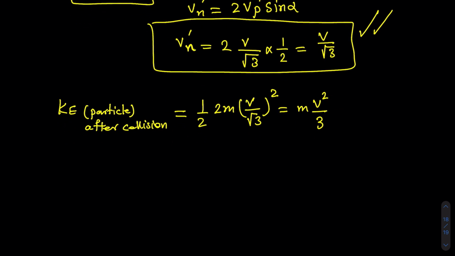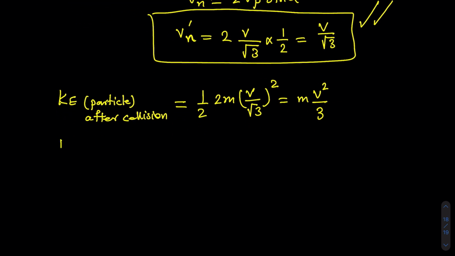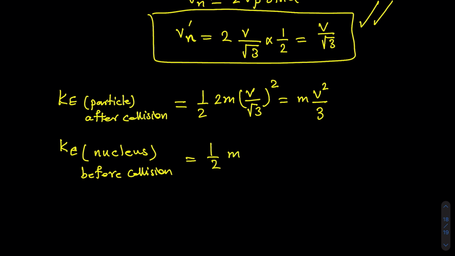Okay, and now the kinetic energy of nucleus before collision will be equal to a half of m, and the velocity of the nucleus was v, squared.